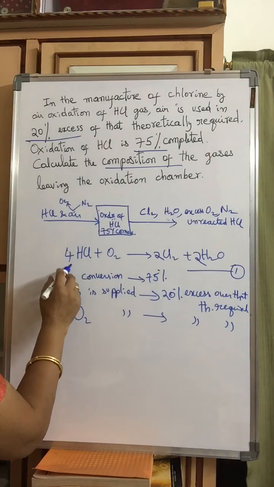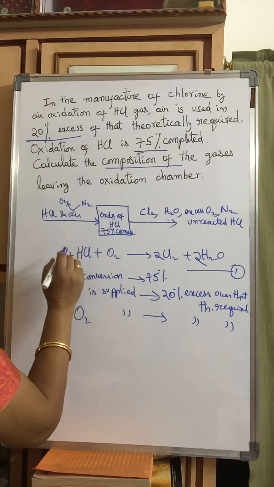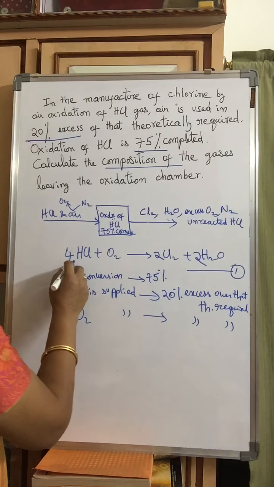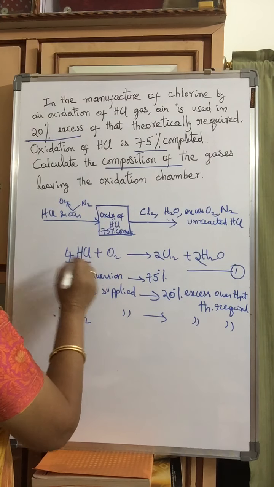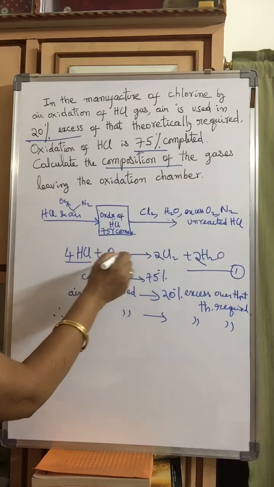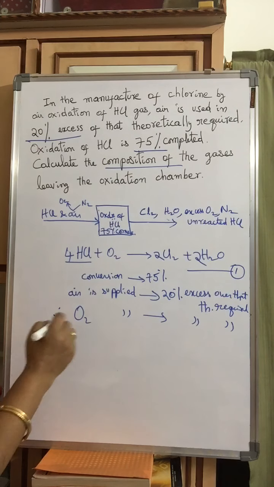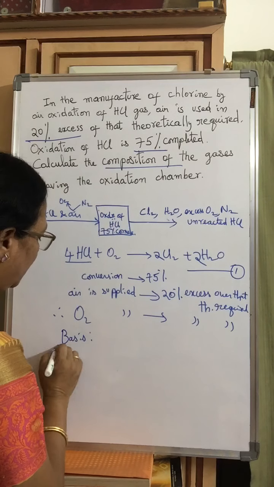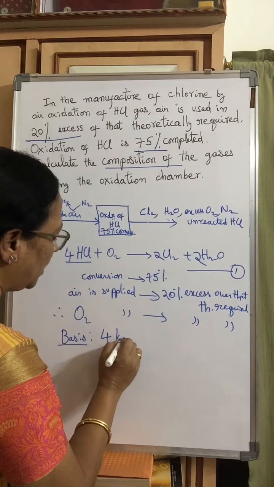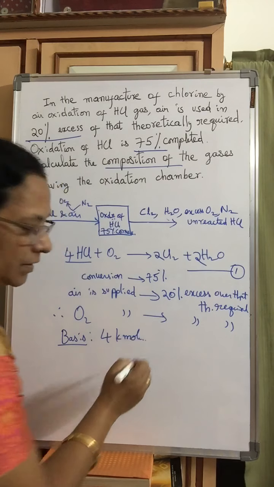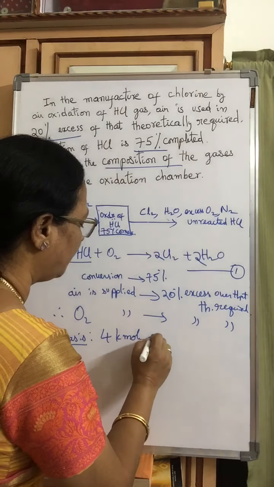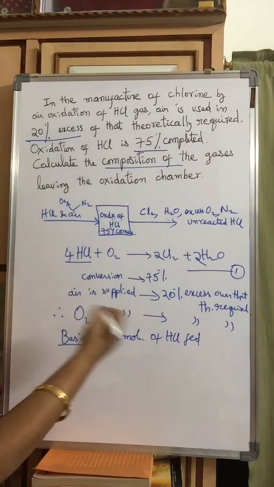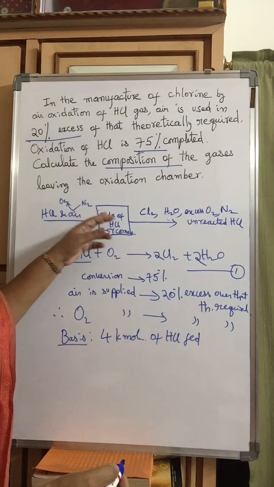For that we need to start with a basis. Always, to work out in a simple manner, try to take the basis which is present according to the stoichiometric equation. So our basis is 4 kilomoles or gram moles, whatever you like, 4 kilomoles of HCl fed or charged to the reactor.